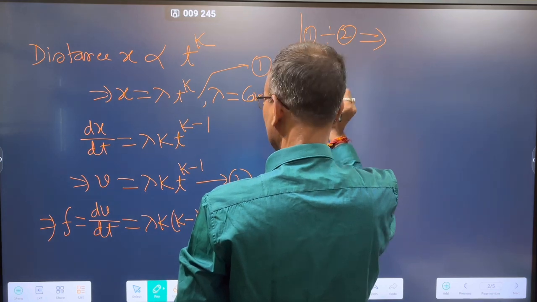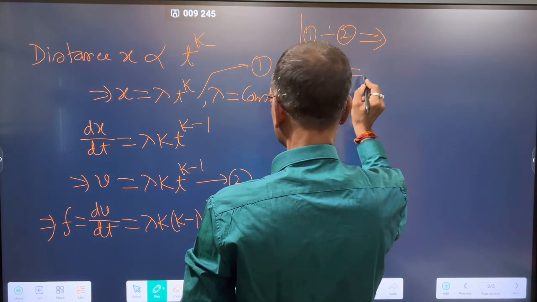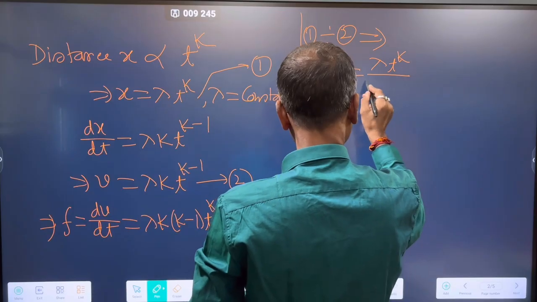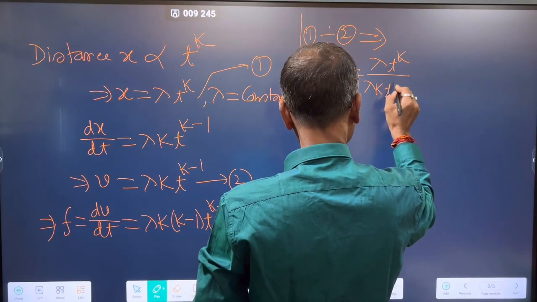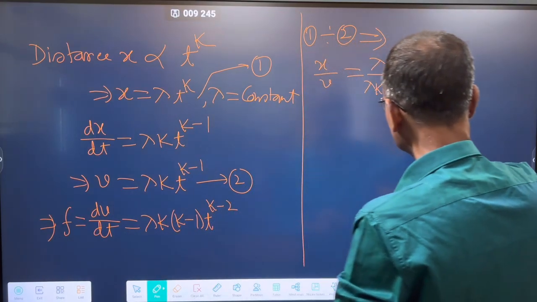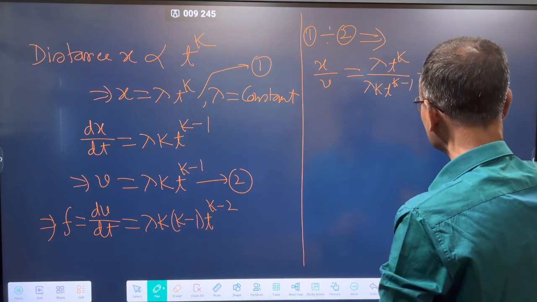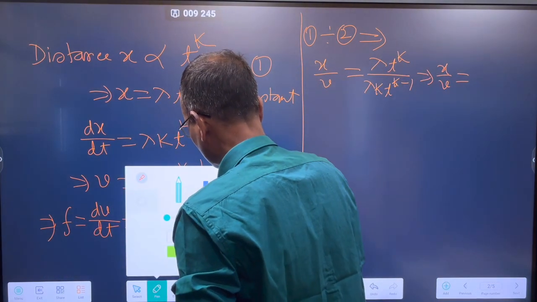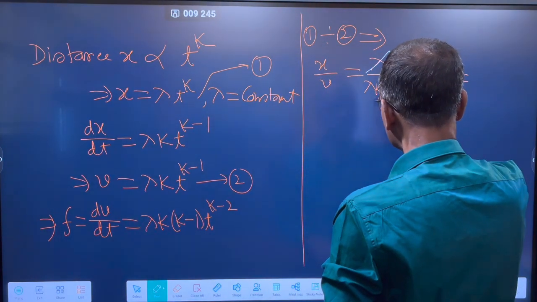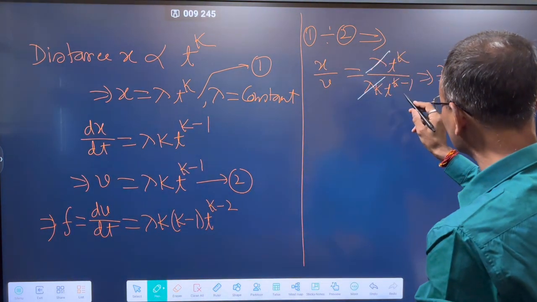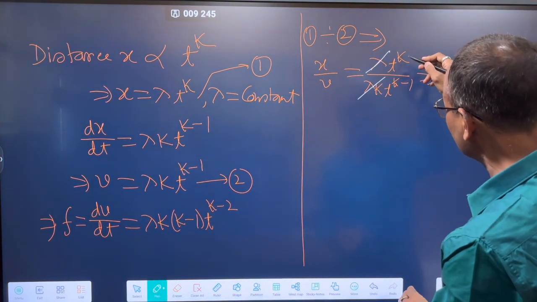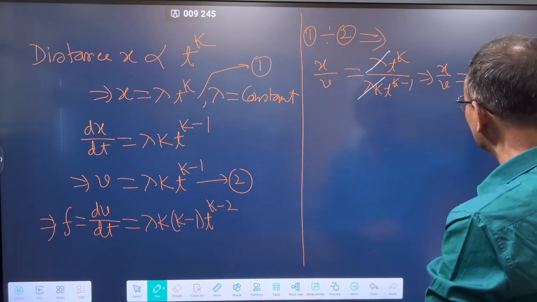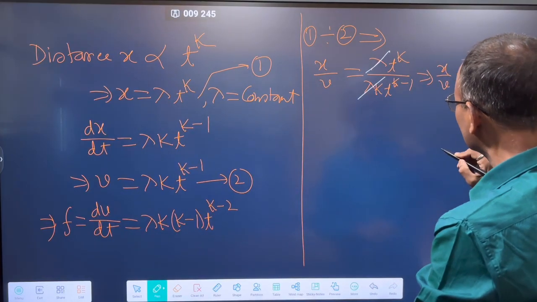Then you will get x divided by v equals lambda t to the power k divided by lambda k t to the power k minus 1. This means x by v equals, lambda will be cancelled, and t to the power k minus k plus 1, that is t, divided by k.